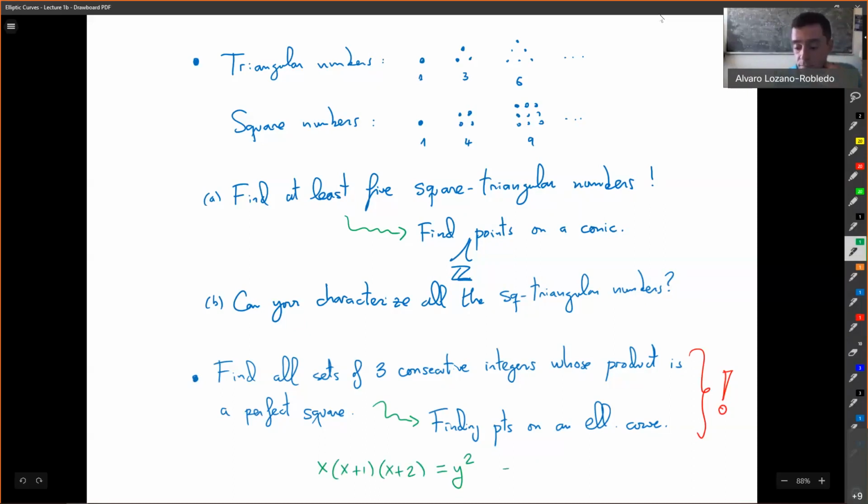That is a cubic equation, and this will be an example of an elliptic curve. By the way, you can do a little bit better in terms of the model for this, that if you start with the x being the number in the middle of the 3 that you are multiplying, then you have x minus 1 times x plus 1 equals y squared, and then that will be x cubed minus x equals y squared.